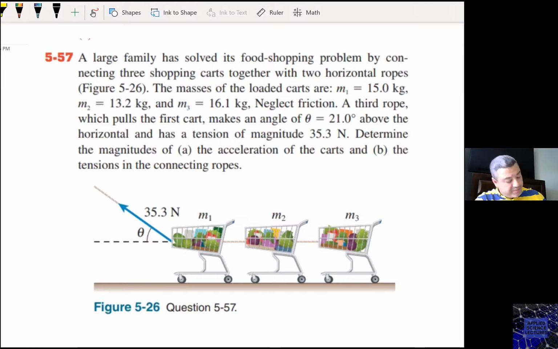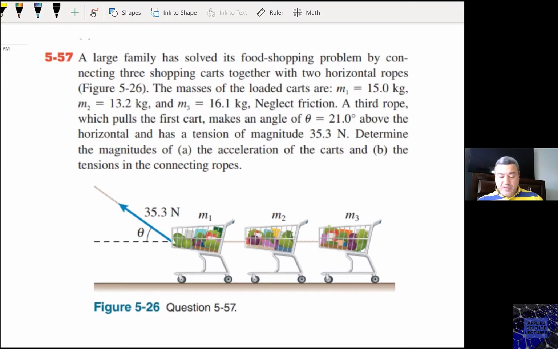Neglect friction. A third rope, which pulls the first cart, makes an angle of theta 21 degrees above the horizontal and has a tension of magnitude 35.3 Newton. Determine the magnitude of A, the acceleration of the carts, and B, the tensions in the connecting ropes.